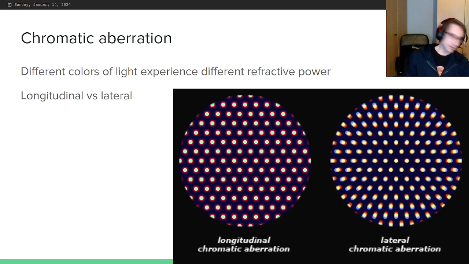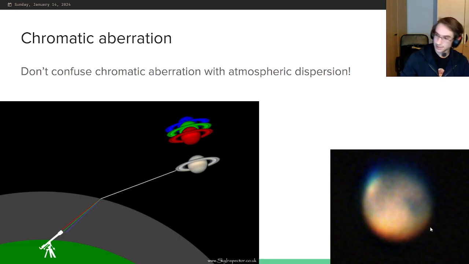Now, the one thing that a lot of articles on the internet will tell you is that this is chromatic aberration. But you should not confuse chromatic aberration with atmospheric dispersion, because the atmosphere also refracts light. And this refraction is also dependent on the wavelength of light. So if you have a bright planet, or any object, the amount of refraction that happens in the atmosphere varies by wavelength.